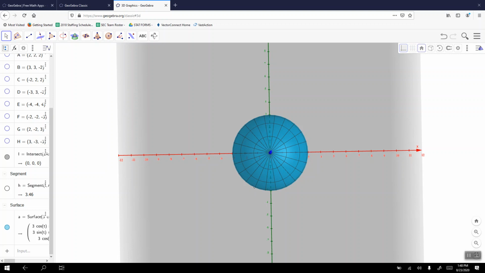We see that we do have a circle here. Now, what's the equation of the circle in R space 2? The circle is centered at the origin 0, 0, and it has a radius of 3, which means the equation should be x squared plus y squared is equal to 3.